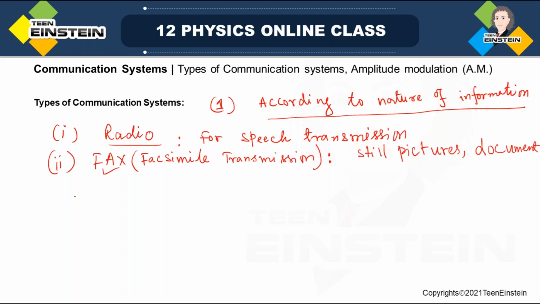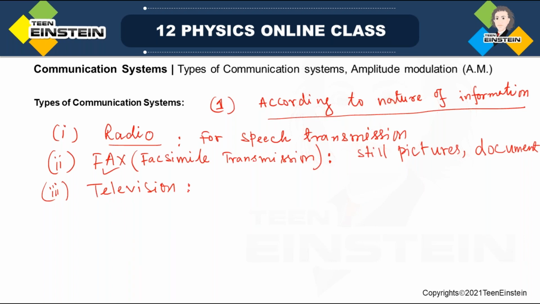Okay, then if you have both picture and speech transmission, picture and speech both, then what you use is the television communication system.